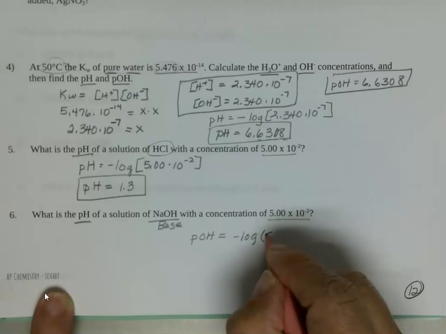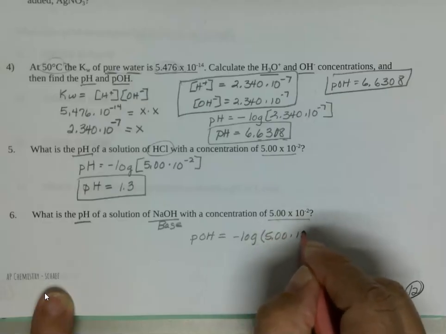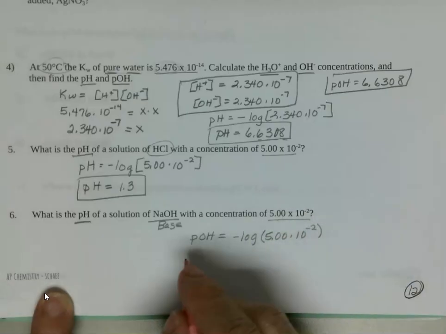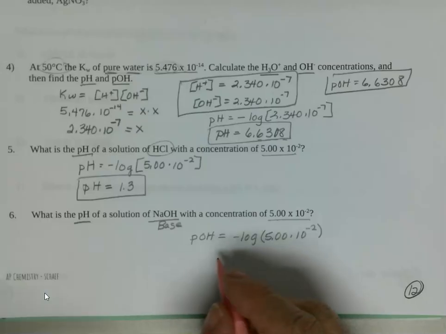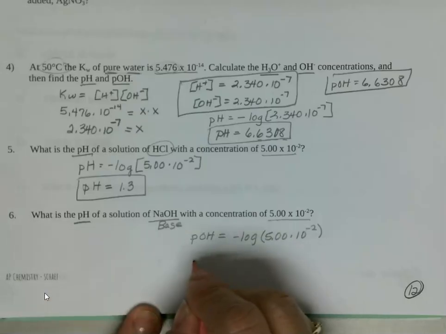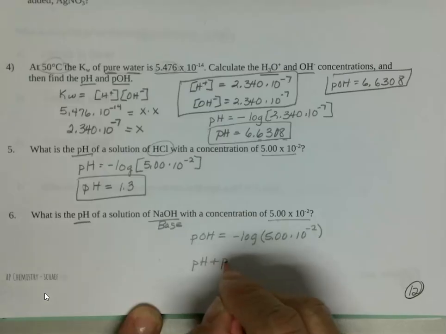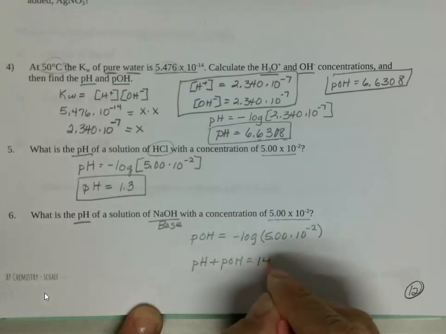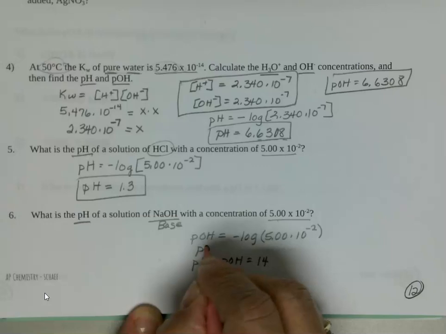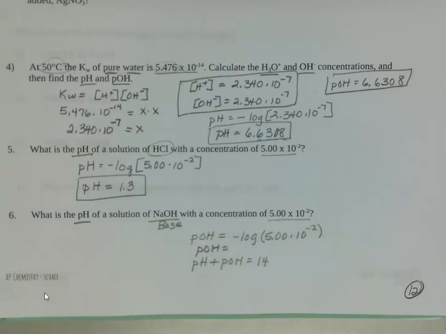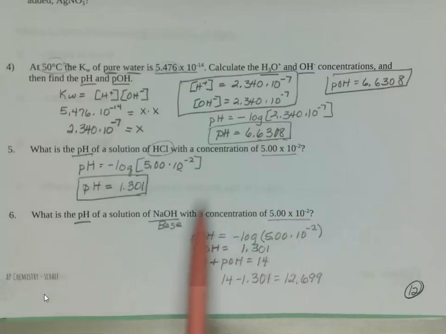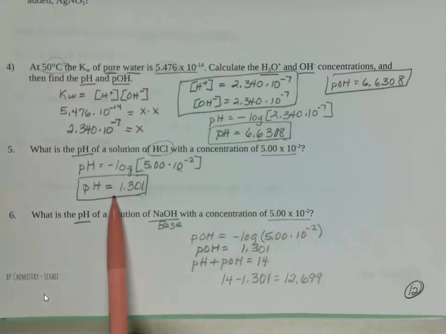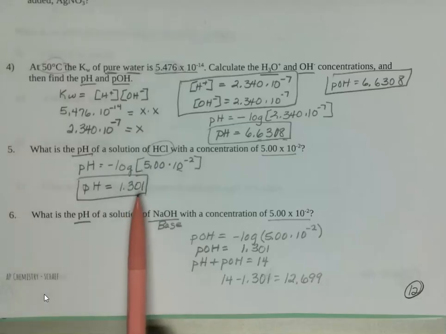negative log of my concentration. Okay, and then I'm going to need to use my rule that pH plus pOH is 14. So let's run that and see what we get. Okay, so let's see. First off, how many of you caught what I did, because once I went to this problem, I didn't do significant digits on this one, so I went back and changed it.